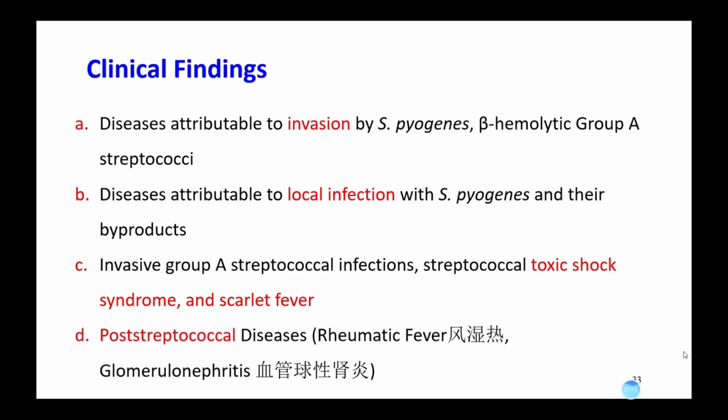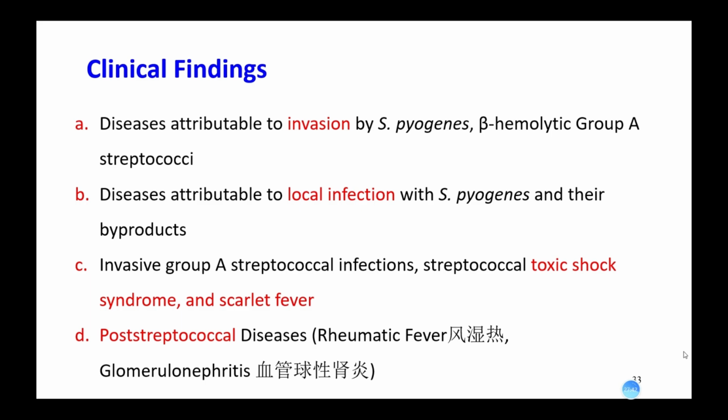And the last one is the post-infection disease. It's not due to the bacterial cells directly, but during the bacterial infection, the immune system produces a large amount of antibodies, and those antibodies can cause further problems once the infection is already cured.